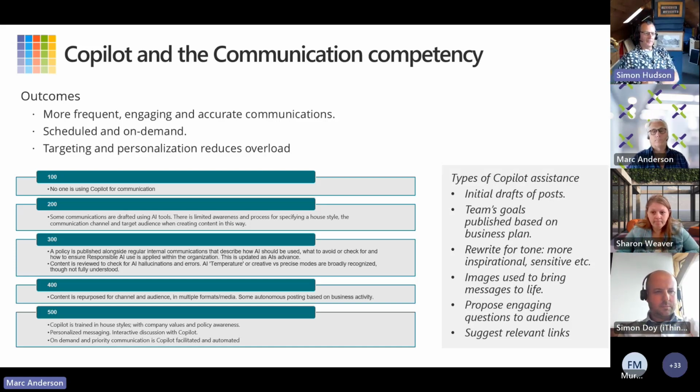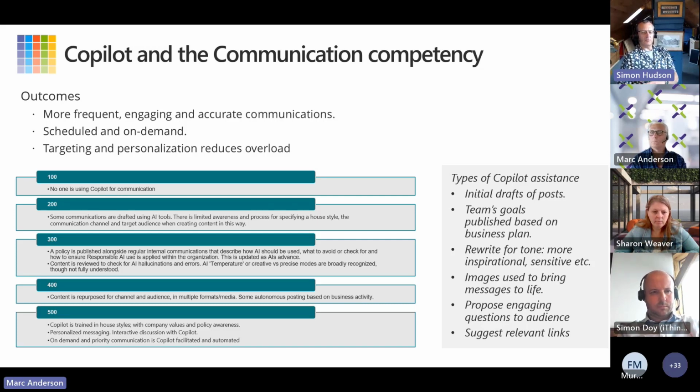And as I said, level 500, personalizing messages. So maybe everybody gets their own personal message, not just a generic one. Maybe we can then start asking questions after the item has been published, and Copilot can answer those questions for us rather than just dragging in members of the com team or the exec or whoever it is.